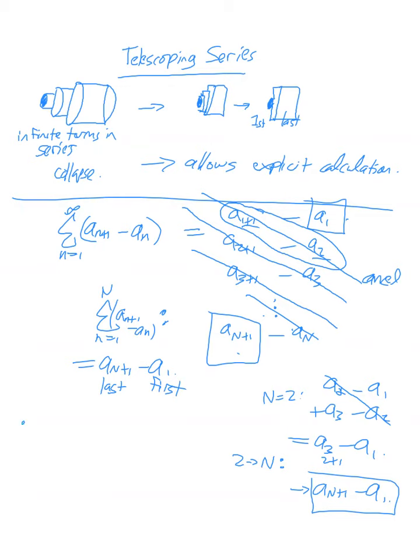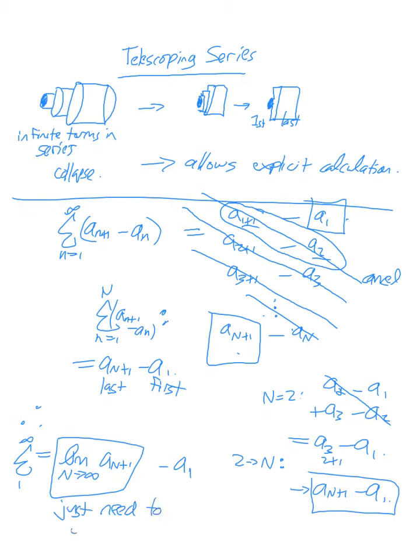Therefore, the infinite series is equal to the limit as n goes to infinity of a_{n+1}, minus this finite term, which does not contribute to the divergence or convergence. So all you need to do is evaluate this calculus limit, the sequence limit. We already discussed techniques to do this in the previous lectures.